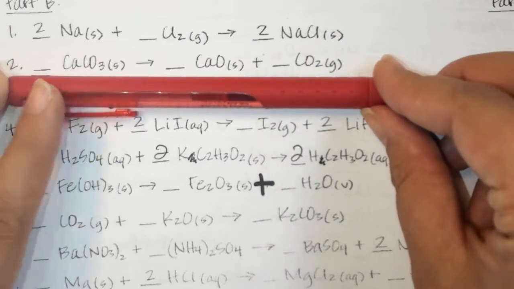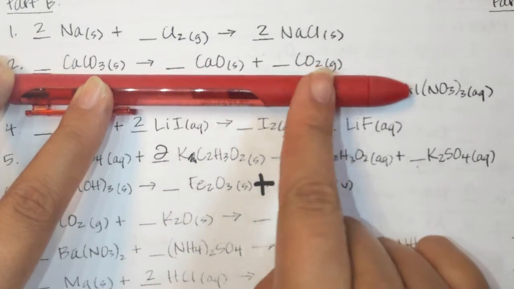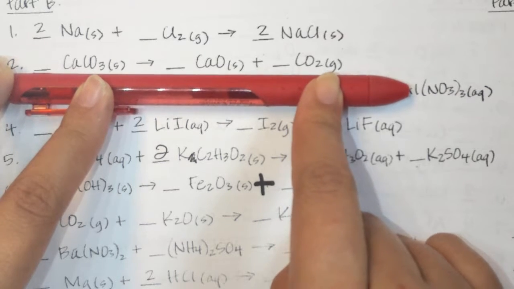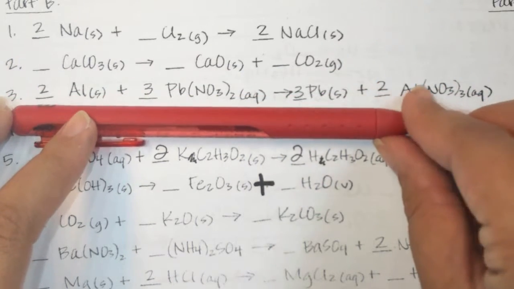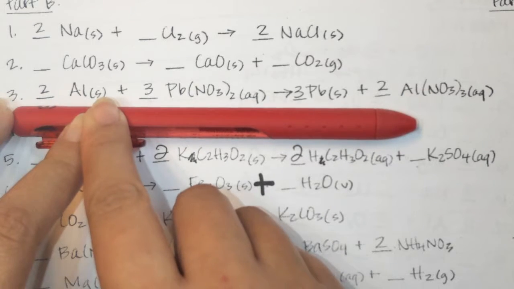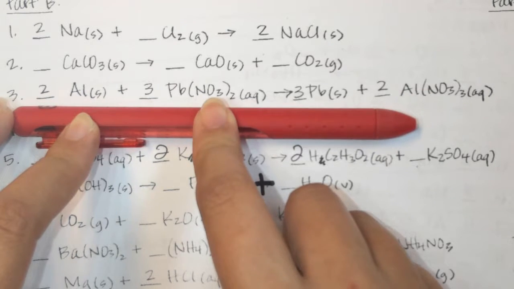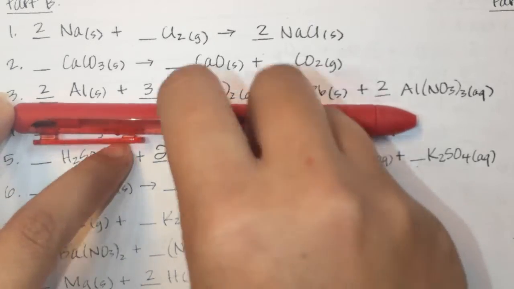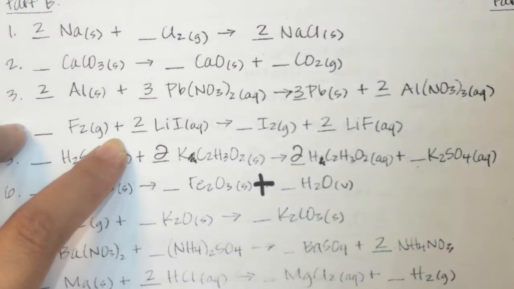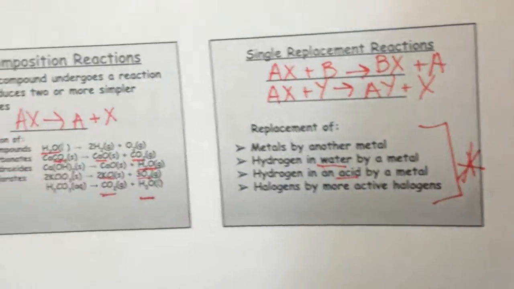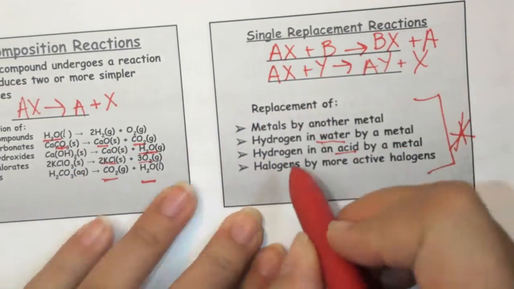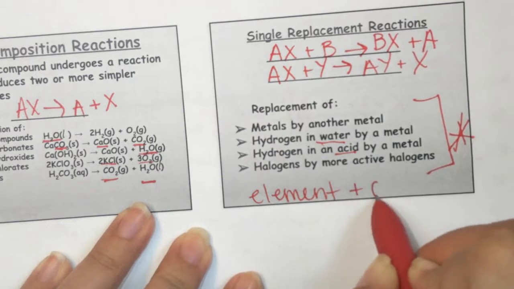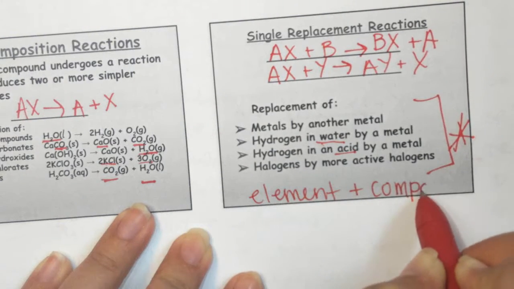Alright, number 2, I have one compound breaking into two. What kind of reaction is this? Decomposition. What about 3? I have one element plus one compound. Single replacement. So that's something that if you struggle identifying these, single replacement, notice I have an element by itself plus a compound on the reactant side.